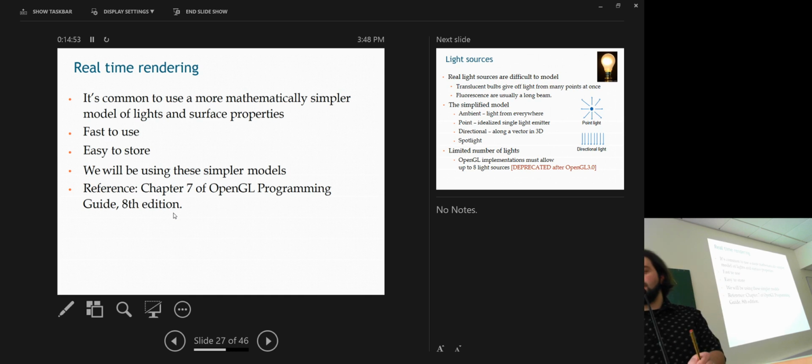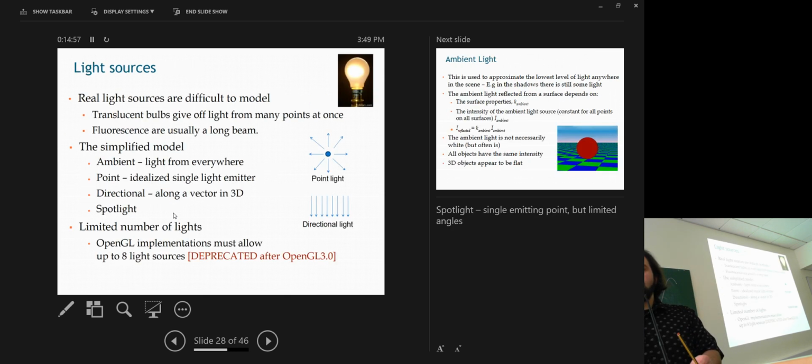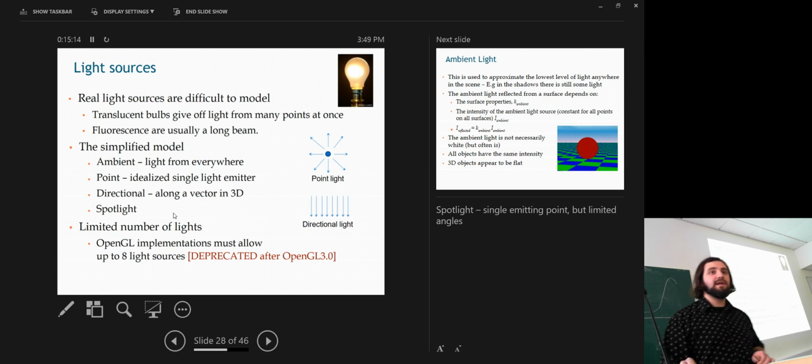For example, let's start with the light source. Real light sources are very difficult. They're very complicated. They give different amounts of light in different directions, and they differ.